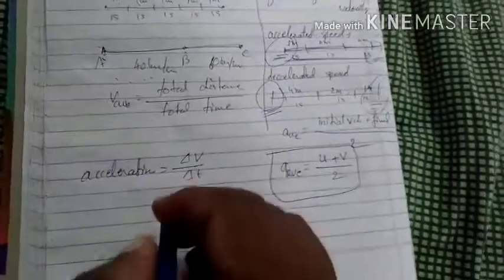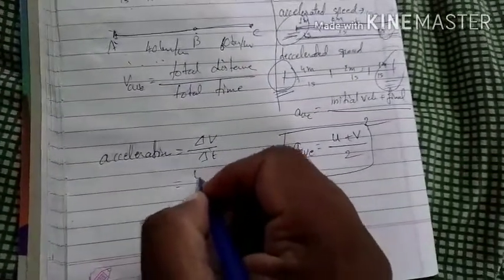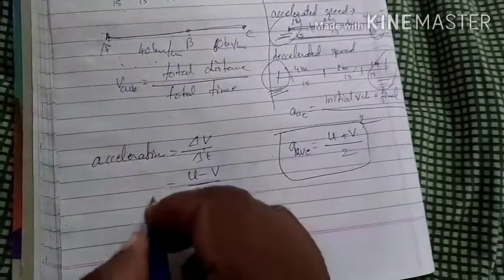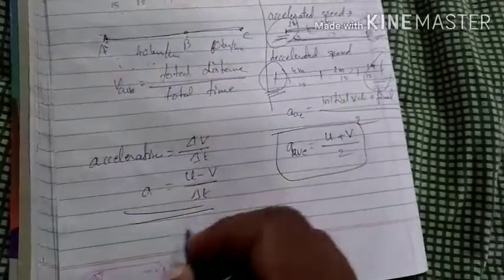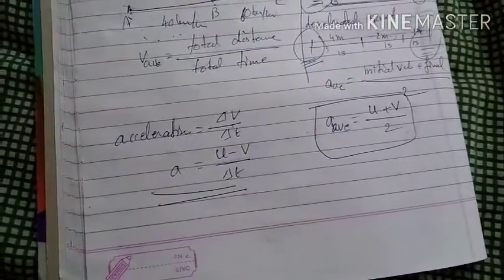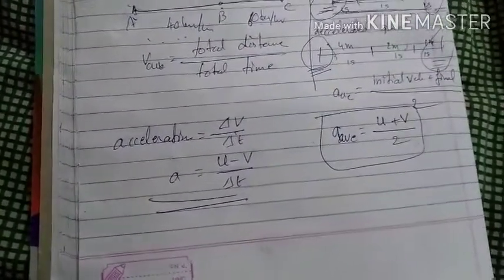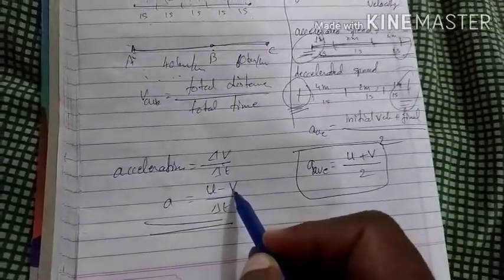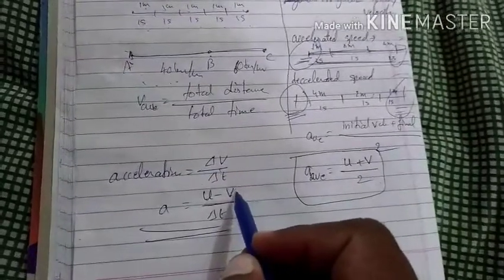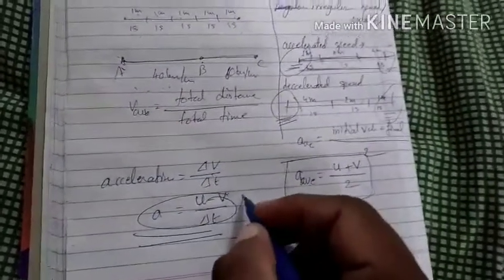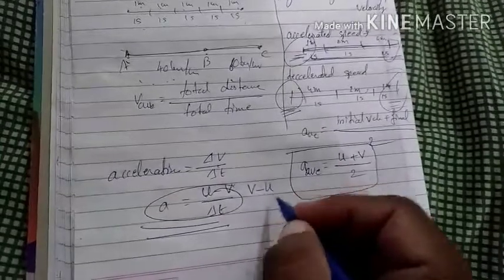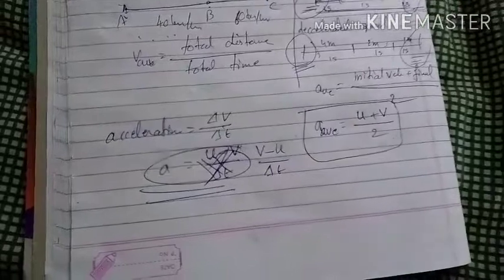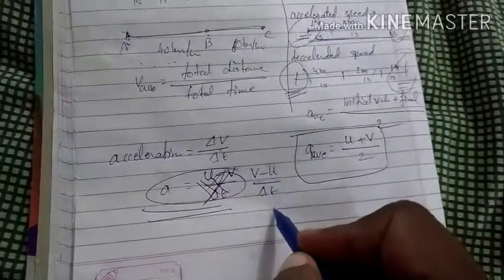So change in velocity is the difference of final velocity and initial velocity. Sorry, I forgot: the final velocity symbol is v and the initial velocity symbol is u, so what I wrote was wrong. It is v minus u by delta t.